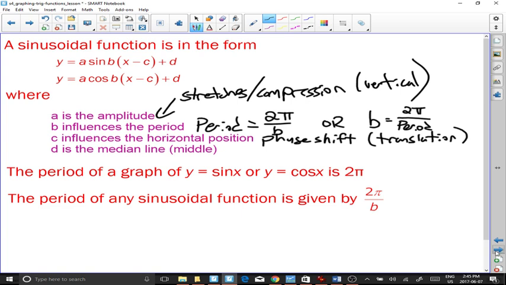And D is the median line, so that would be a vertical translation, either up or down.